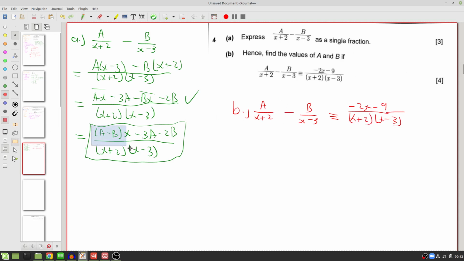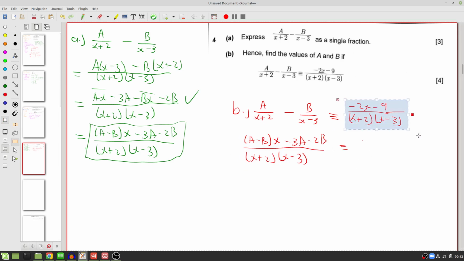This answer is this part. So we're going to copy that, paste it here, and change it to red. Okay, so we know that's equivalent to the... Let me copy again. Sorry for the delay. Copy and paste.